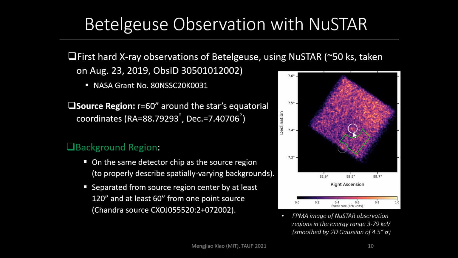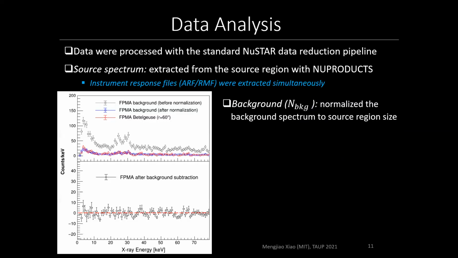In addition, we observed a point source near the edge of both FPMA and FPMB. This source was not detected above 10 keV, but to be conservative, we chose the background region at least 60 arcseconds from this object. The standard NuSTAR data reduction pipeline was used to process the data.